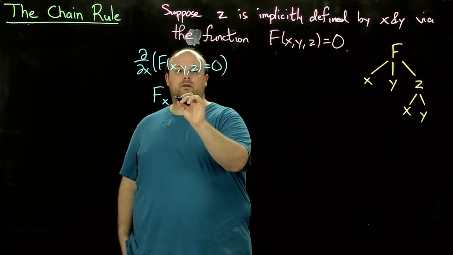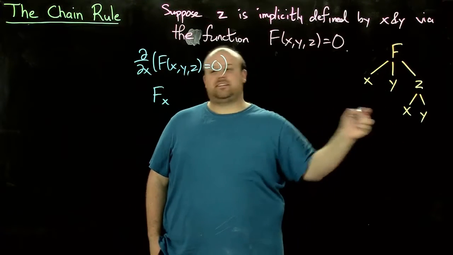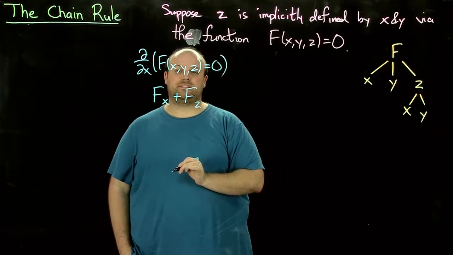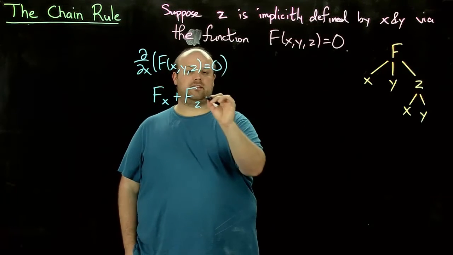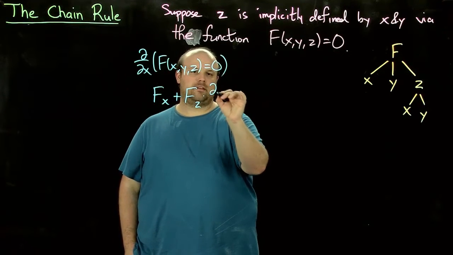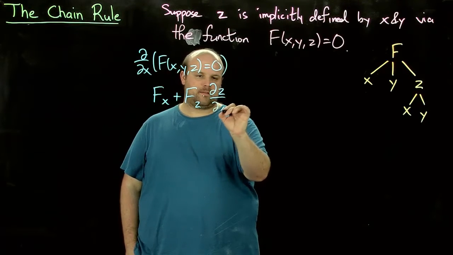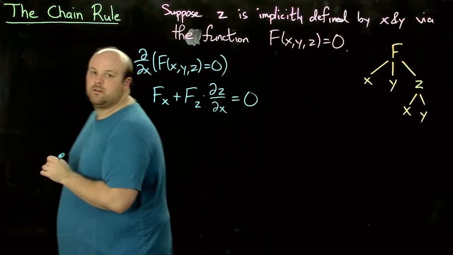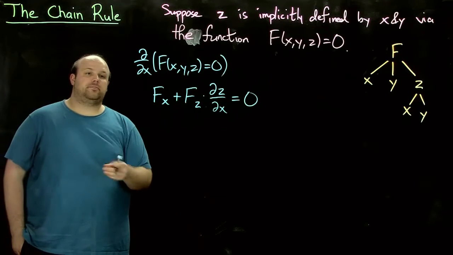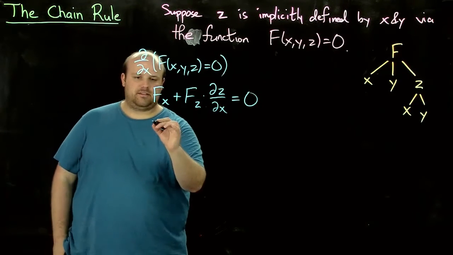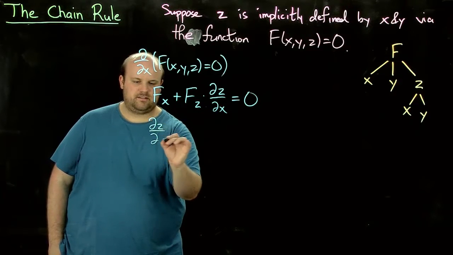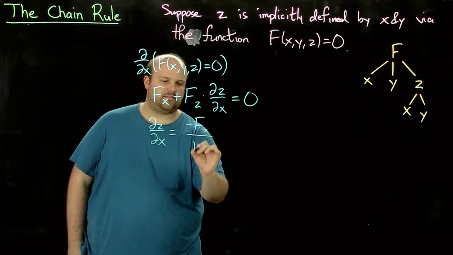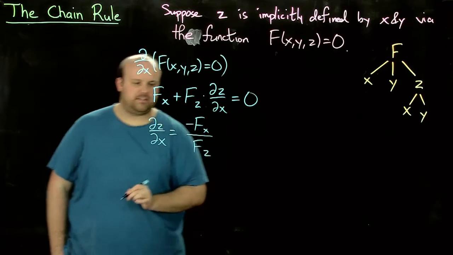The next x is down here, so we have to do the derivative of f with respect to z, times dz dx. And then, of course, the derivative of 0 is 0. So we can see pretty easily that dz dx is going to be negative fx divided by fz.